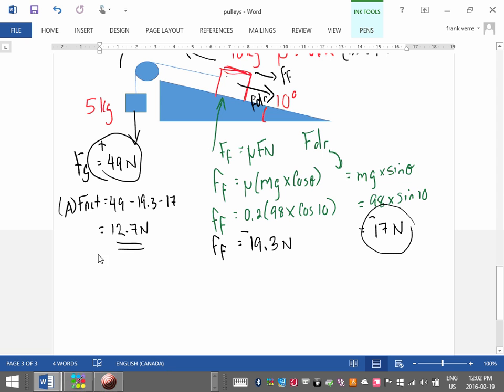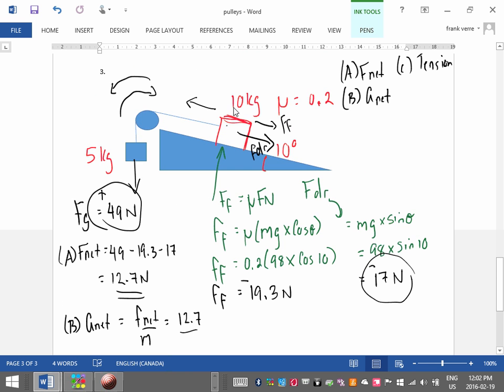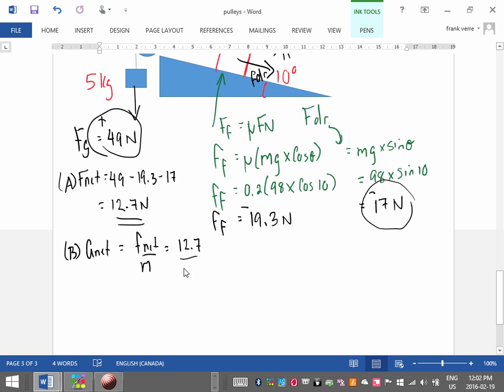So now we can go ahead and do the same thing we did before: figure out the net acceleration. Again, that would be the net force over the mass. The net force is 12.7. The mass is the combined mass, which is 15.